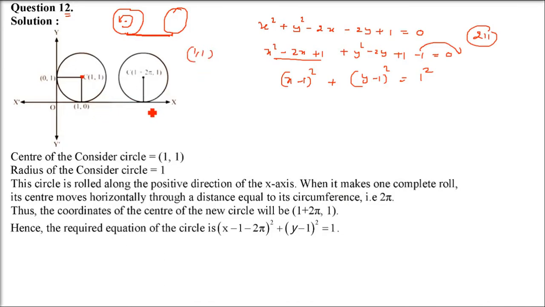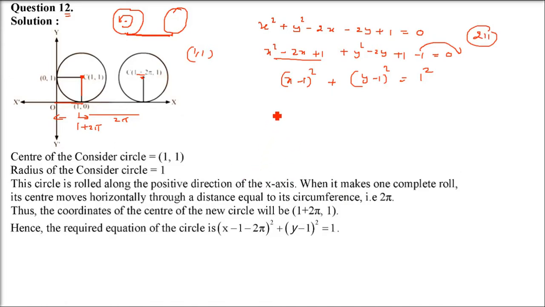And what is the radius here? 1 squared that you see there. So y will not change. The y coordinate of the center is not going to change, but the x is going to change. From here to here it was 1, and now we have added 2 pi. So 1 plus 2 pi is now the new x position. So the center has changed.